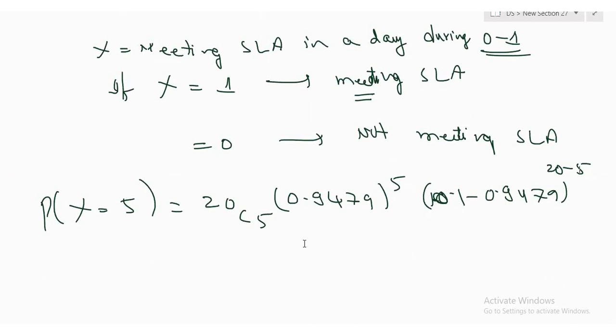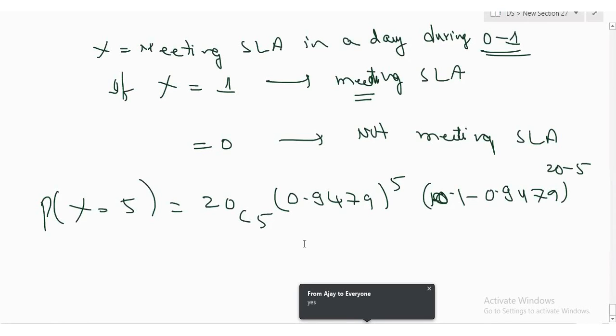You are meeting more days, right? Then the probability will become 0. You guys are understanding or not? What is the chance that you are going to get a salary of exactly 1 lakh? If you are getting 1 lakh 2 rupees, this probability is 0. You guys are understanding what I'm saying?